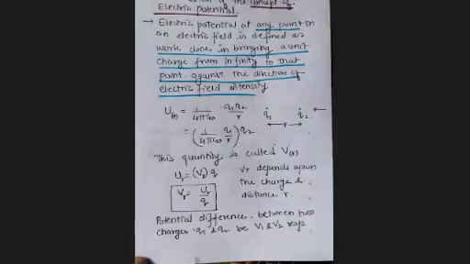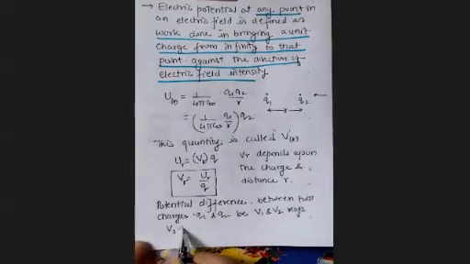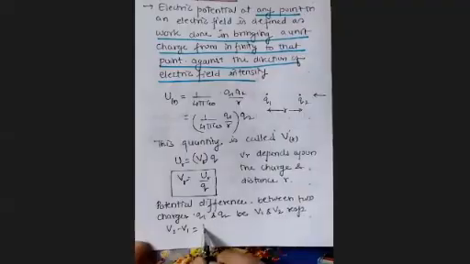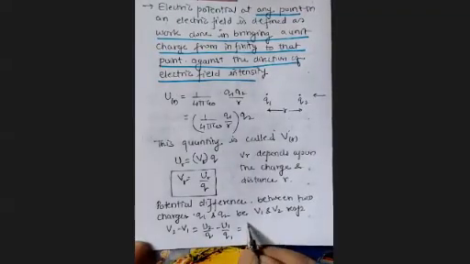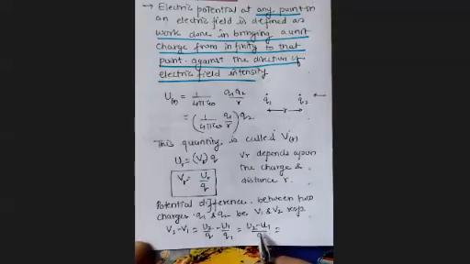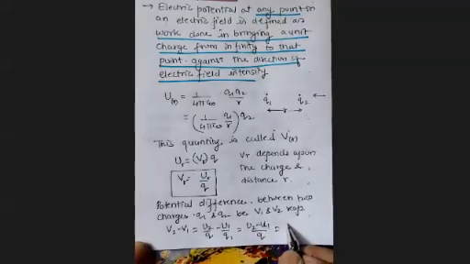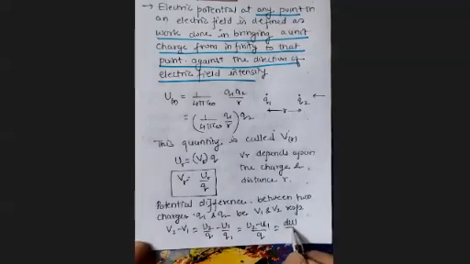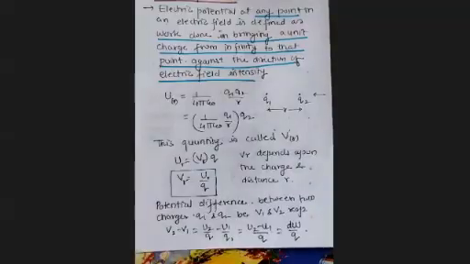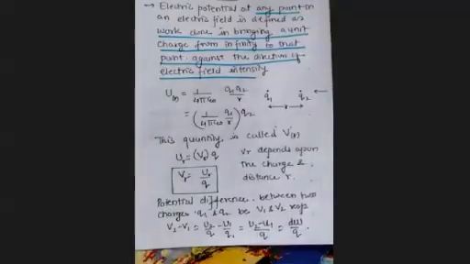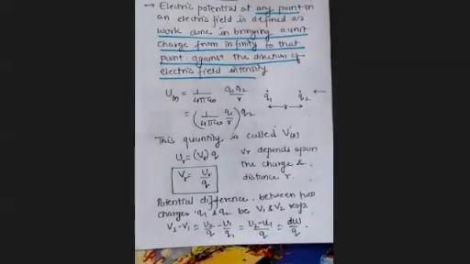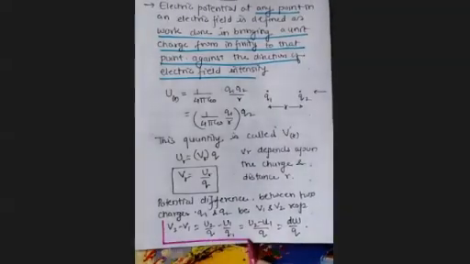So we have potential difference V2 minus V1 equal to U2 upon Q minus U1 upon Q. That is equal to (U2 minus U1) upon Q, and U2 minus U1 is the change in energy, which is nothing but work done. So this is dW upon Q. Work per unit charge is nothing but potential difference. So the definition of potential difference is work per unit charge.